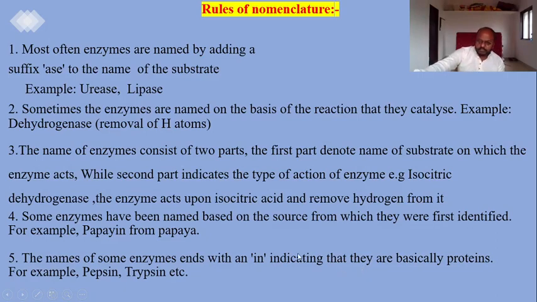There are some enzymes that end with -in. For example, pepsin. At the end of pepsin there is -in, that means it is a protein. Trypsin is another one. So this is one more regulation of nomenclature. In this way we can give names to enzymes in biochemistry.